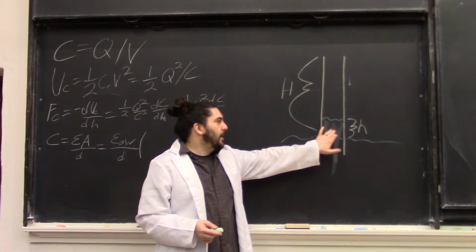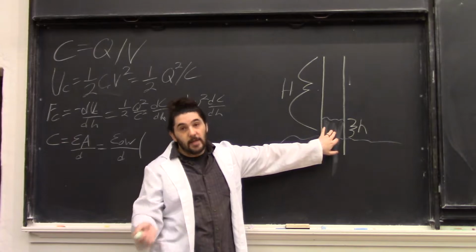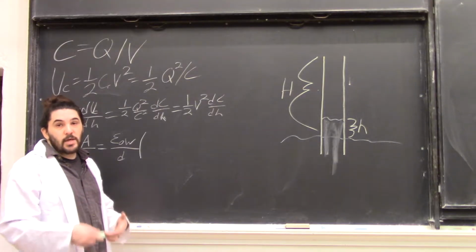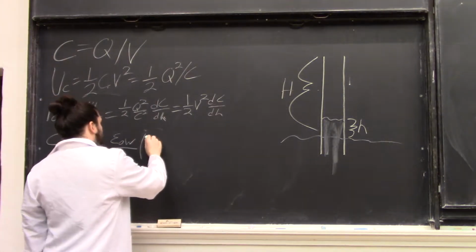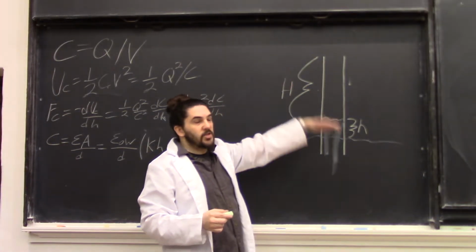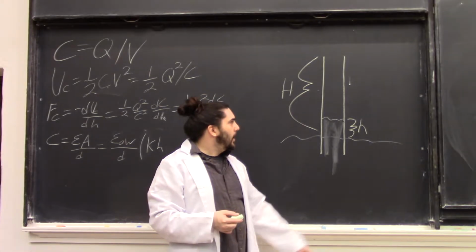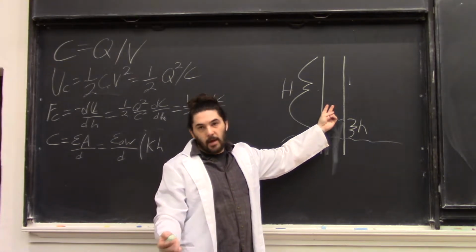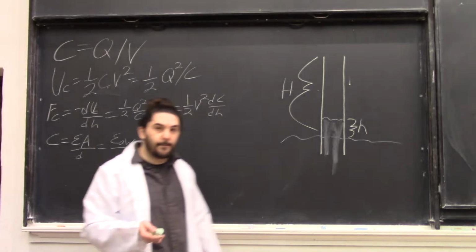The capacitance of the area with the dielectric is going to be its dielectric constant, times h times W times epsilon naught over d. And this distance up here is big H minus little h, and the dielectric constant of air is essentially epsilon naught.